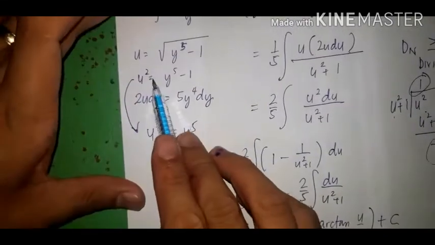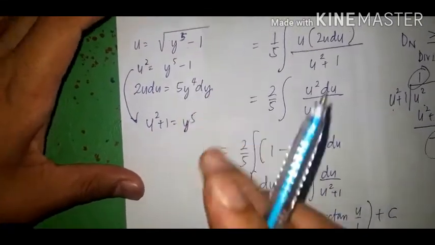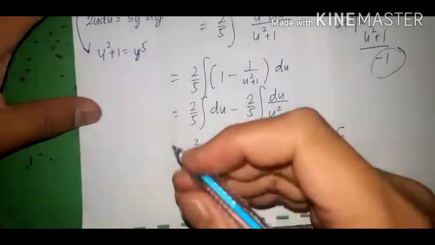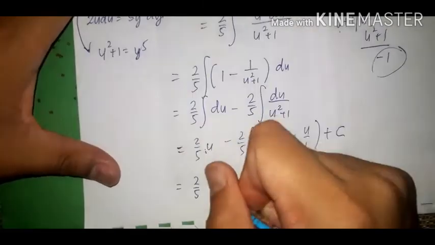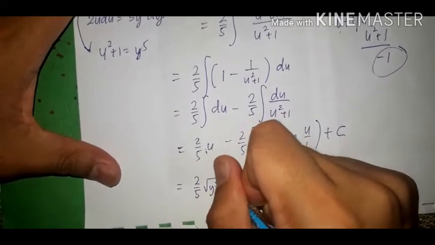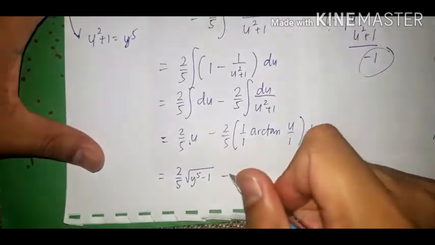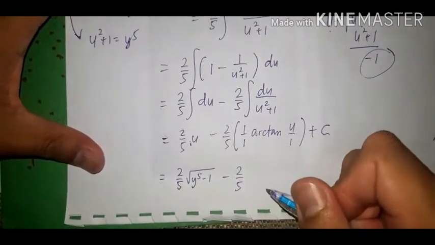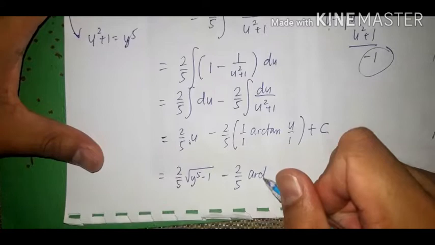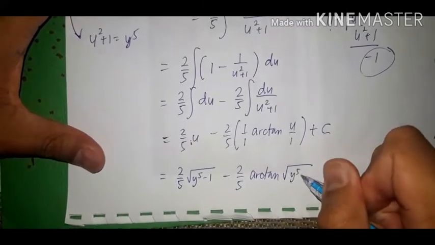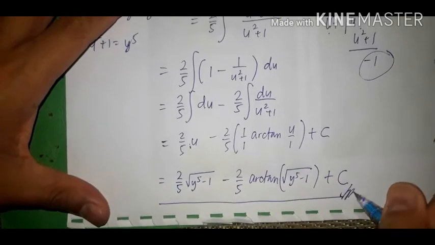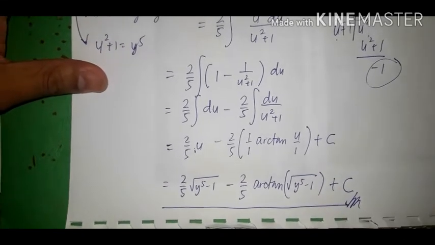Your u here is square root of y to the 5 minus 1. So I can replace this u with square root of y to the 5 minus 1. So therefore, you have 2 over 5 square root of y to the 5th minus 1 minus 2 over 5 times 1 over 1 is simply 1, so it's 2 over 5 arctangent square root of y to the 5th minus 1 plus c. So that will be our final answer.